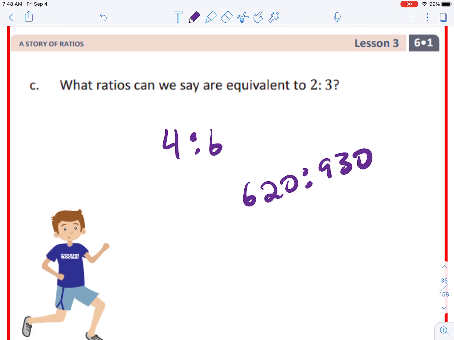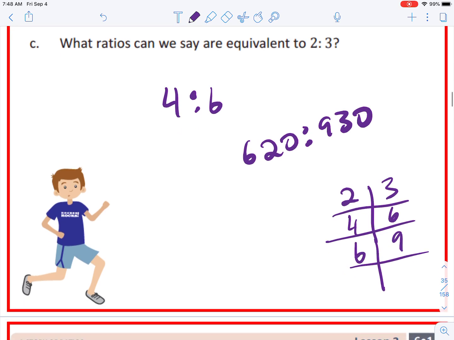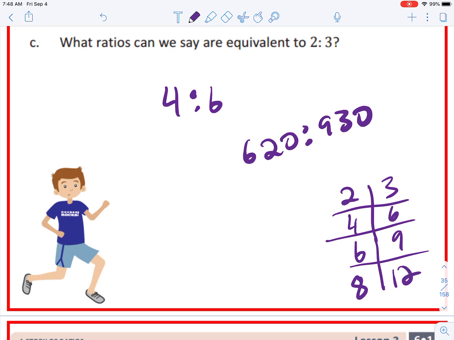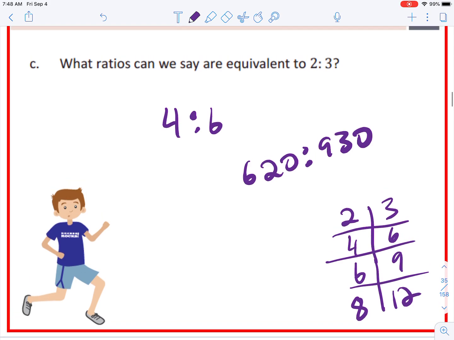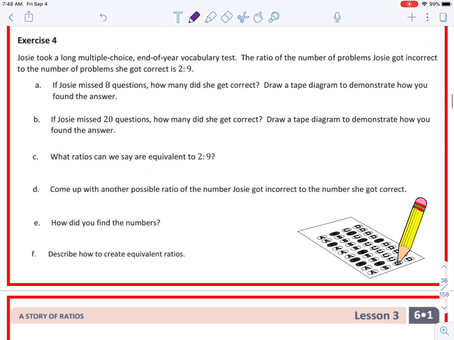And we can also just make a table to find some more. 4 to 6, 6 to 9, 8 to 12, and so on and so forth. So that's how we find equivalent ratios using tape diagrams.